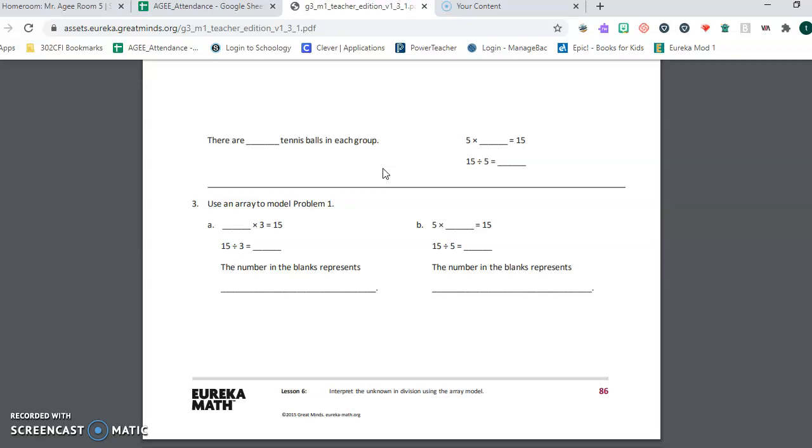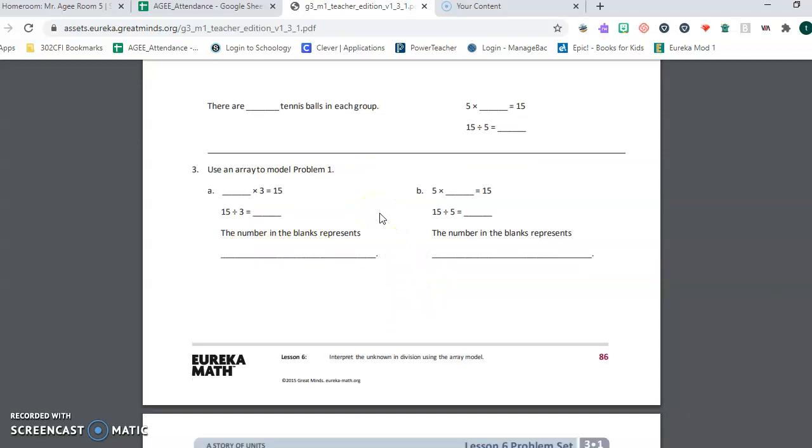And in division, it's the total number of items divided by either the number of groups or the size of each group. Okay, so on these lines, you should have either the size of each group or the number of groups. And it's not both. One of them is the number of groups and one of them is the size of each group. Okay, moving on.